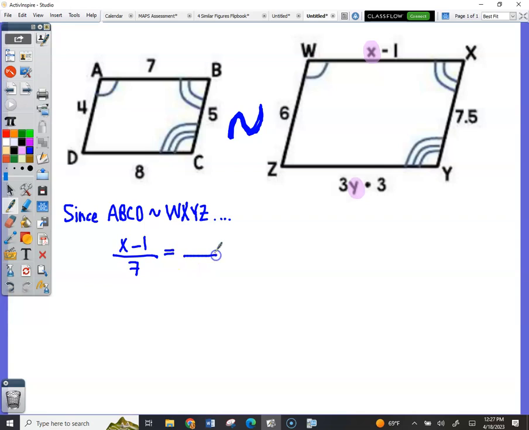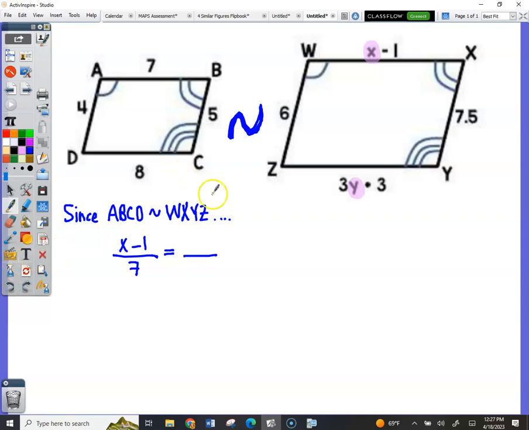Now you've got to have two sides that are just numbers because this is your variable right here. This is what you're trying to solve for. So you don't want to throw 3y plus 3 in here, because then you're stuck. It's a plus, by the way. I know it doesn't look like it.